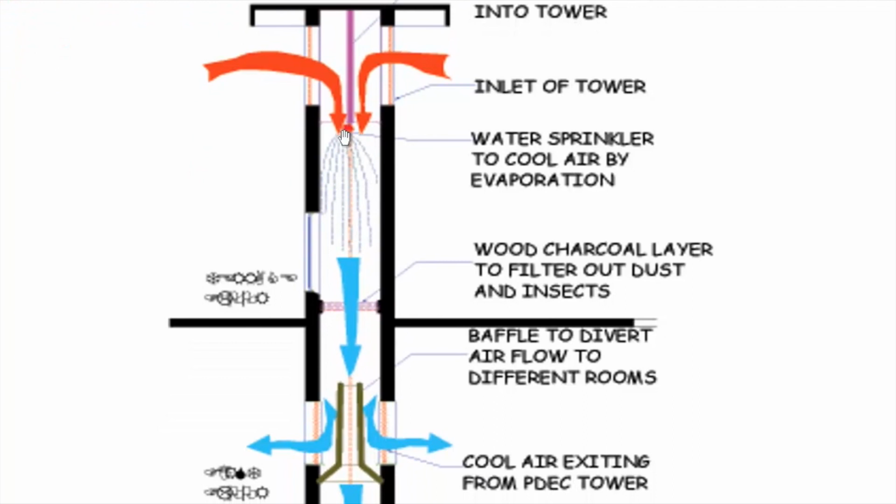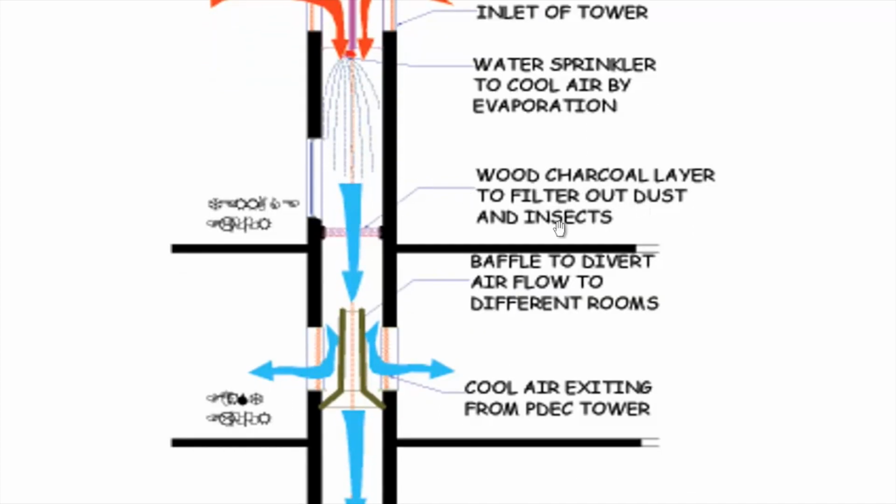The water sprinkler is used to cool the air by evaporation, or the air becomes more humid. As it passes this way, there is a wood charcoal layer to filter out dust or insects or anything else from the air, and from here it further is diverted to these two parts.